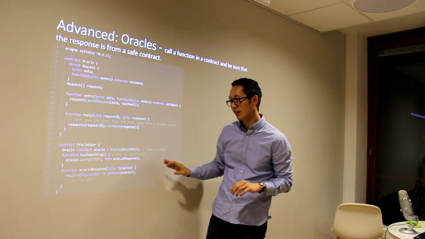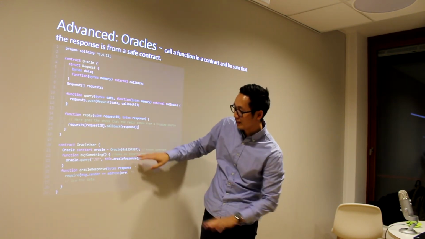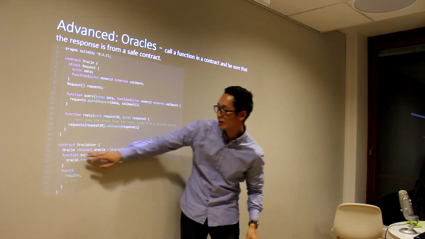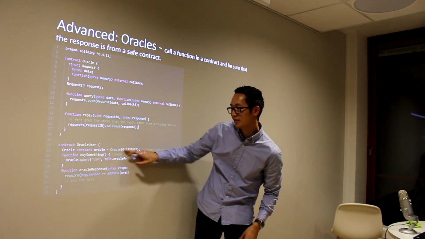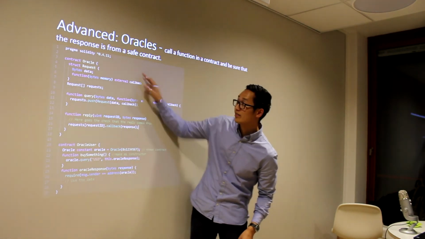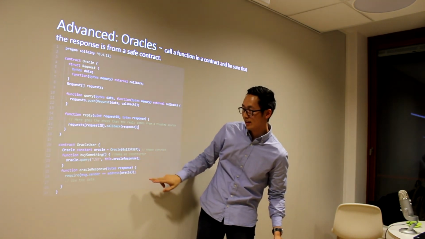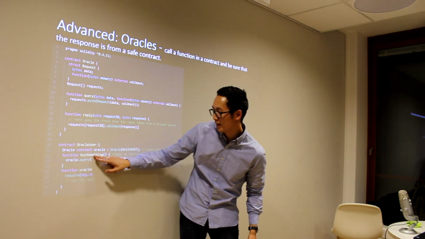So then you can do this code here. Here we just create an instance of the oracle contract, and we specify the address of this oracle contract here. And then we have a function here called buy something.